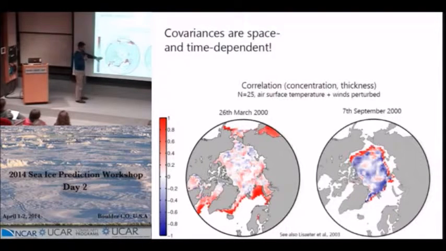And in winter, it's pretty much what we all think here. With higher concentration, we have thicker ice, which is just a thermodynamic argument. But in summer, it can happen that we have these negative correlations. Because in summer, my interpretation is that we are at air temperatures that are above freezing point, and that the winds play a bigger role in shaping the ice cover.